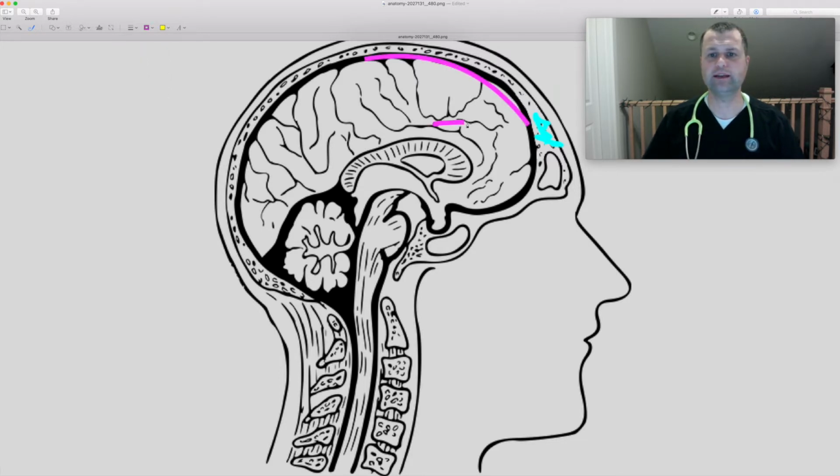So if we have this action where our brain moves this direction, runs into the skull, and bounces back, that can cause damage to our brain called a concussion.